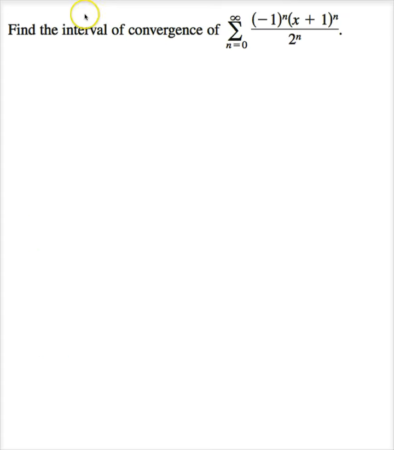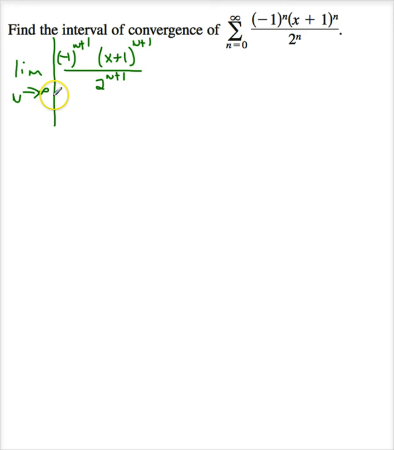Now let's do one that's not centered at 0. Let me look at the limit as n approaches infinity, and we put in the absolute values: -1 to the n plus 1 times x plus 1 to the n plus 1 divided by 2 to the n plus 1, divided by -1 to the n, x plus 1 to the n divided by 2 to the n.